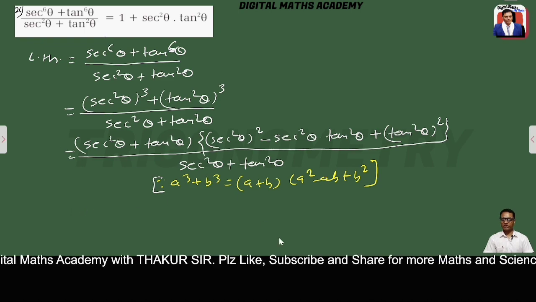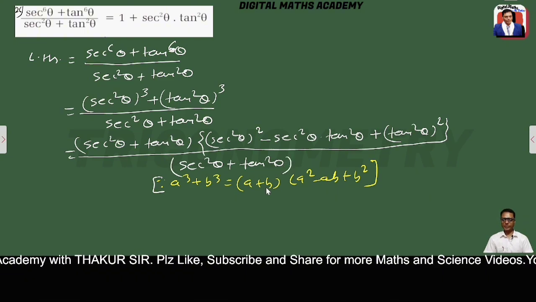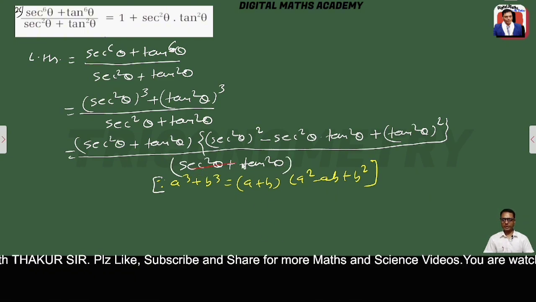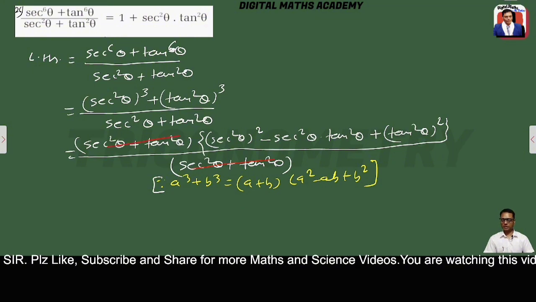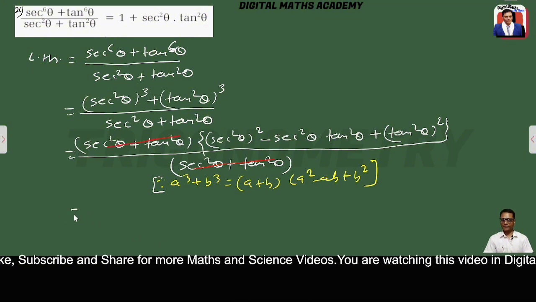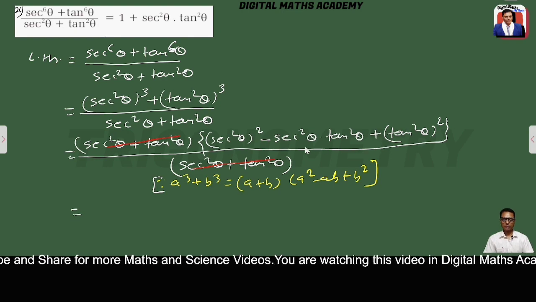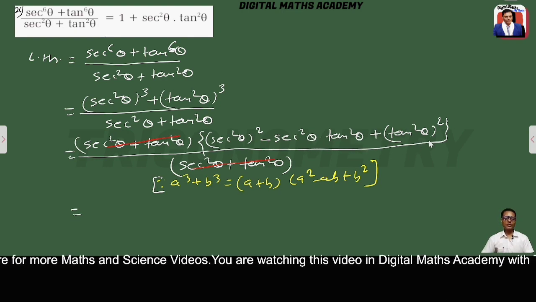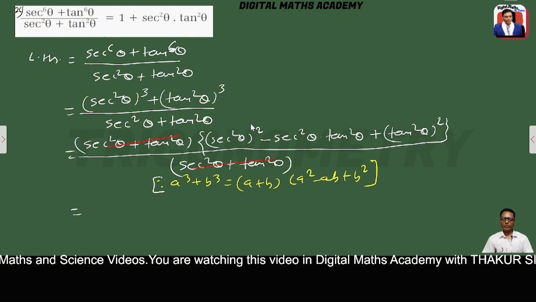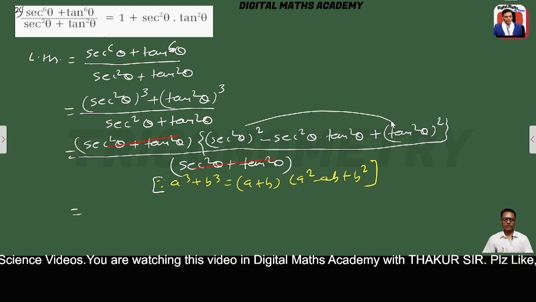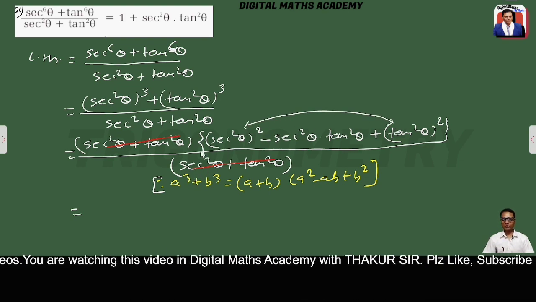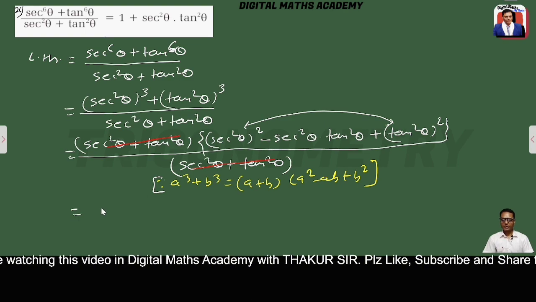Now we see the denominator and the numerator both have sec square theta plus tan square theta, so we can cancel. And remaining we have sec square theta whole square minus sec square theta dot tan square theta plus tan square theta whole square. So again we apply a formula for a square plus b square, which has two forms.